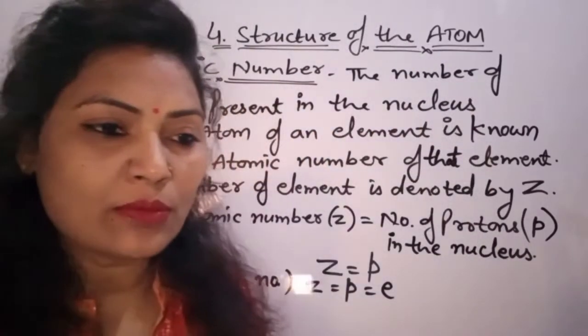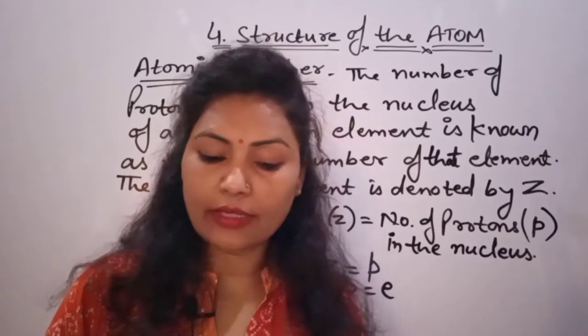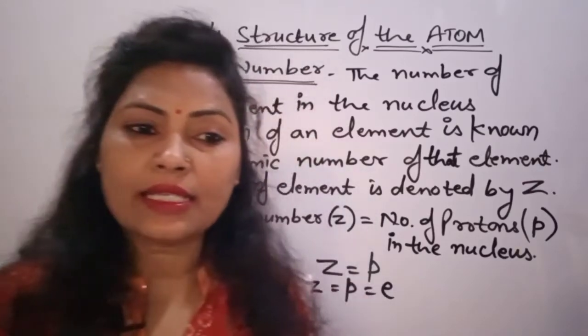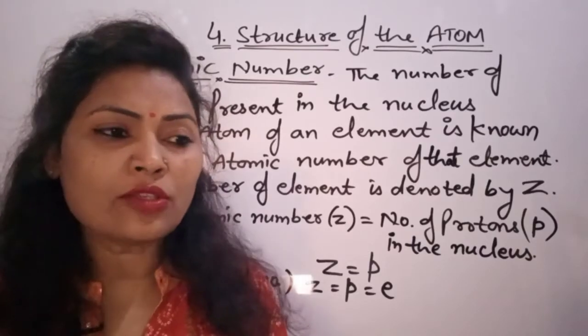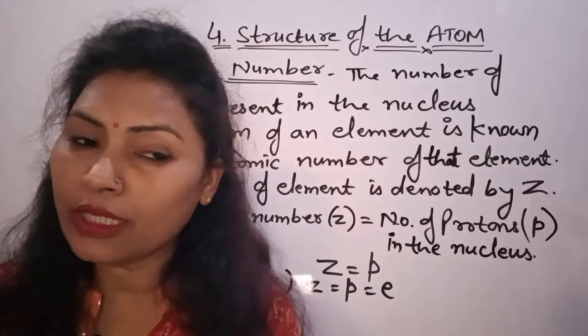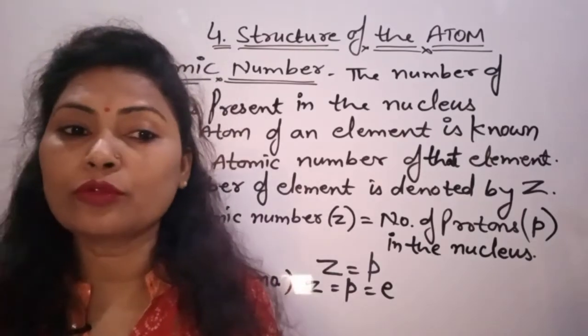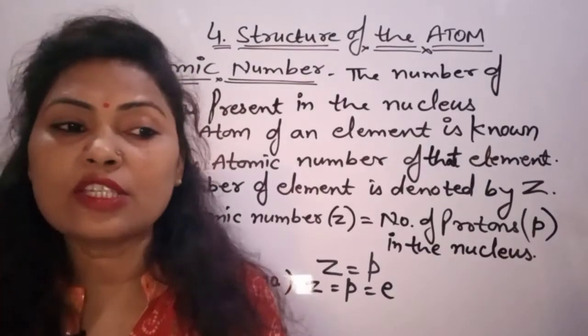Do you know what mass number is? An atom is composed of protons, electrons and neutrons, and since the mass of an electron is negligible, the real mass of an atom is due to the protons and neutrons in it. So the sum of protons and neutrons present in the nucleus of an atom is its mass number.